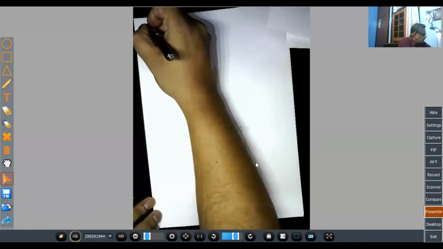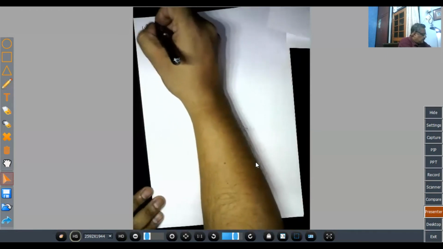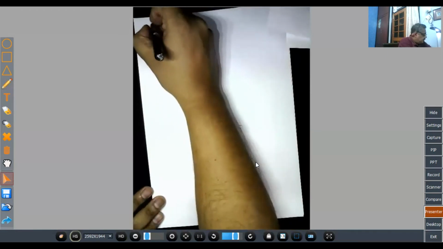Now we go to the direction of the flow of energy.